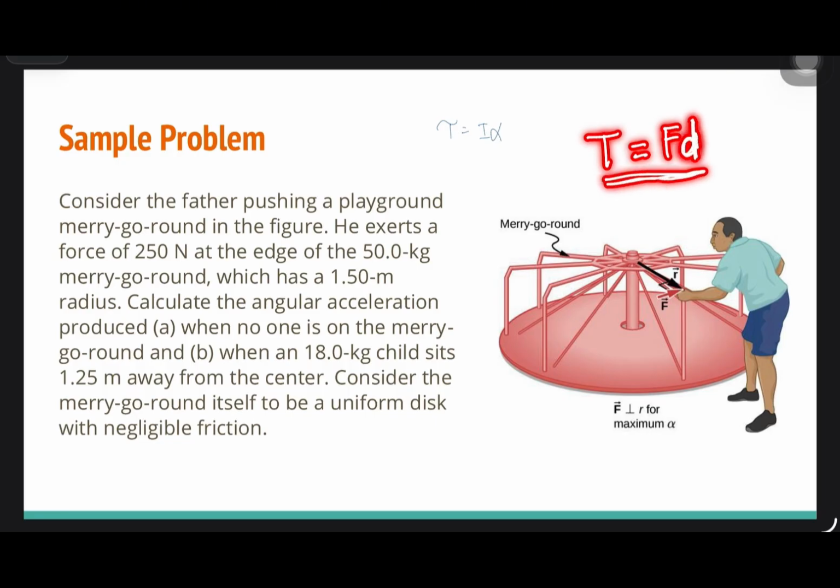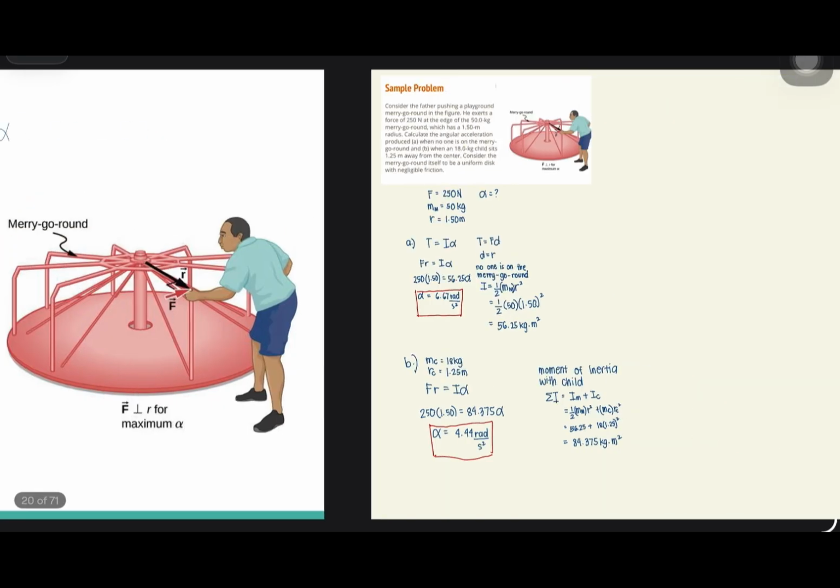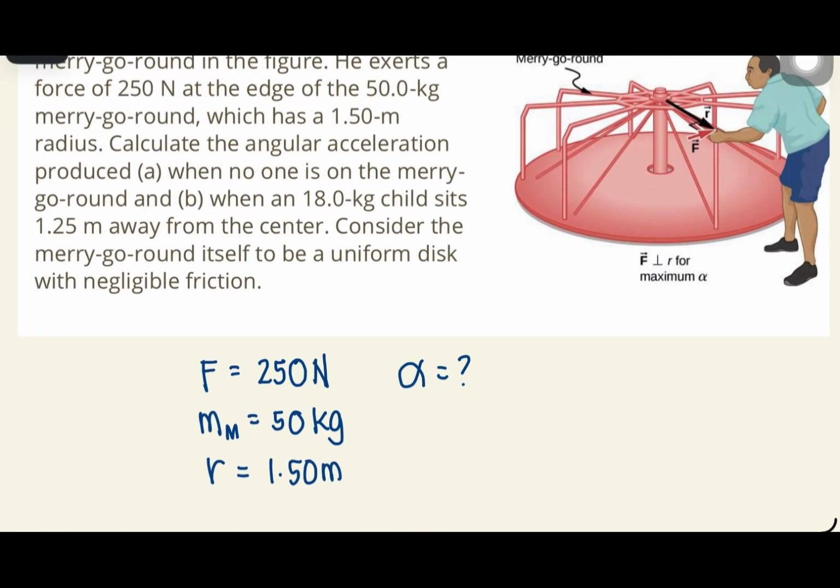Yung d dito is the distance from the axis of rotation to where the force is applied. So, yung d is also equal to r. Then, yung force po is perpendicular with the radius. So, yung sine theta natin dun sa equation ng torque is equal to sine 90 degrees, or equals to 1.